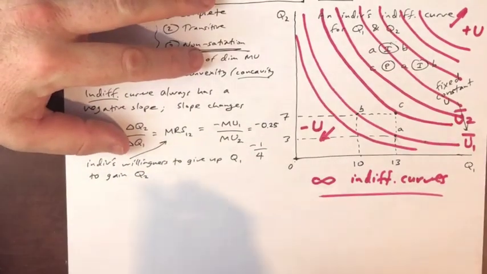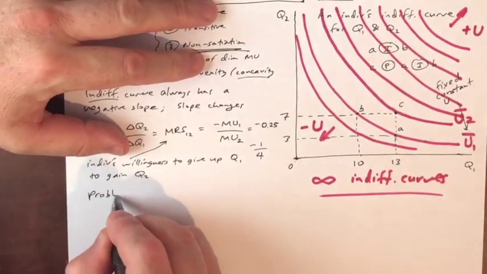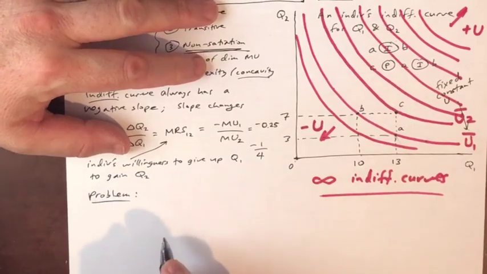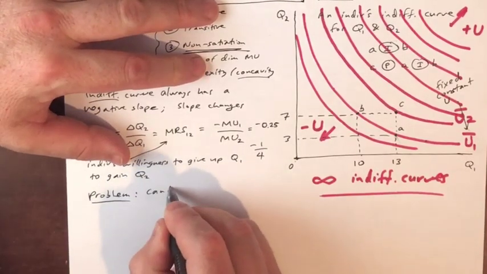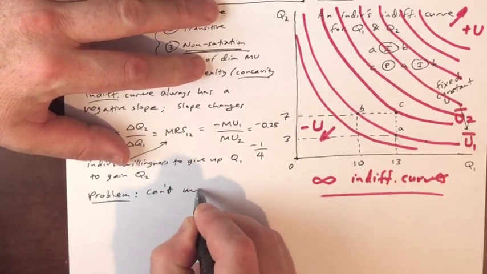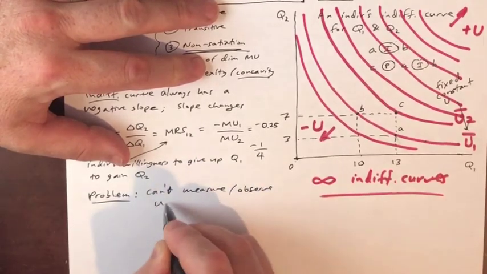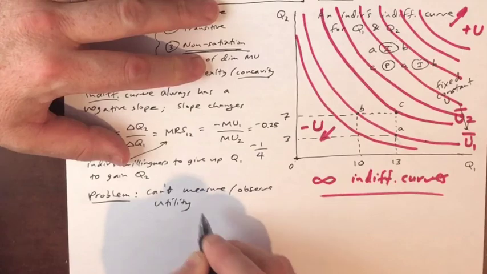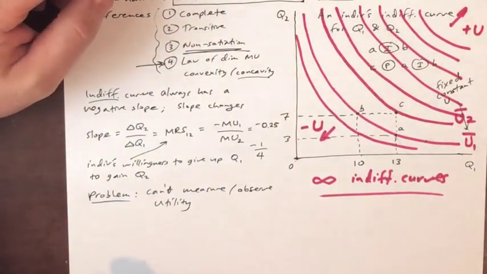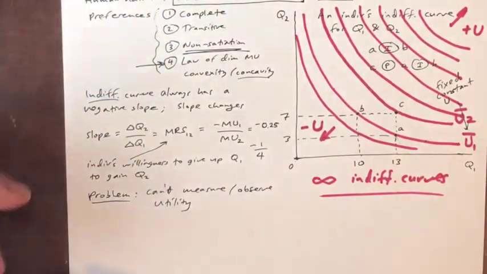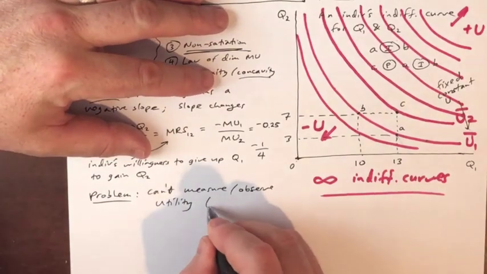Because remember, the big problem that the indifference curves are designed to solve is we can't directly measure or observe even utility. We cannot measure or observe utility. So like I said, we don't know exactly what the number is, right?